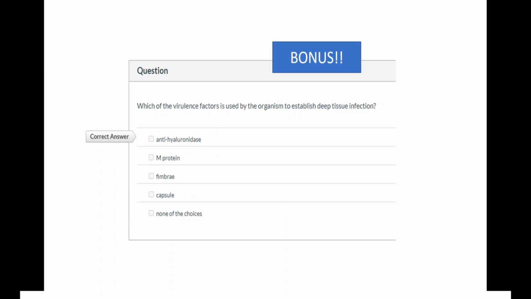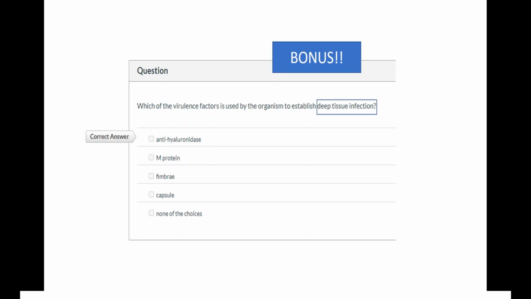So this item is a bonus item, but before we proceed to that, let us first discuss the item. Which of the virulence factors is used by the organism to establish deep tissue infection? Our keyword here, class, is deep tissue infection.